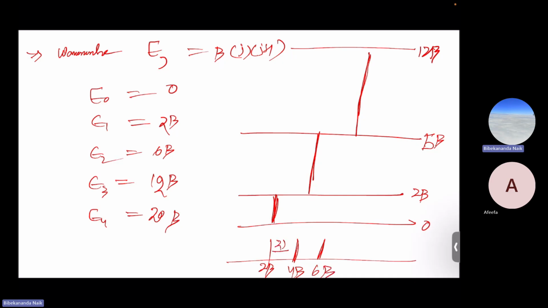So the separation between the two lines is 2B and they are equally spaced. Remember, this is in wave number unit.